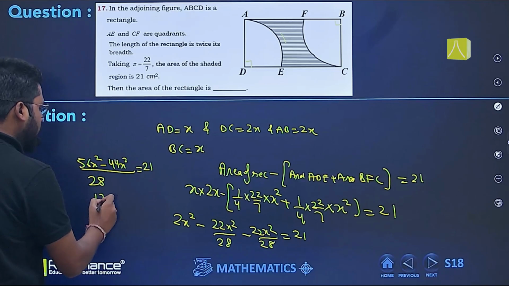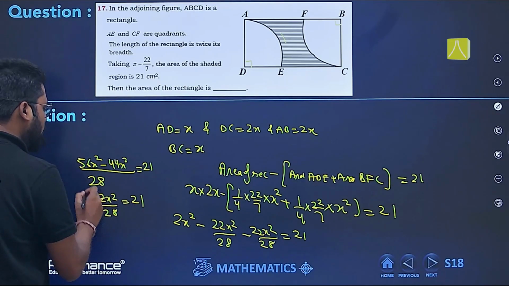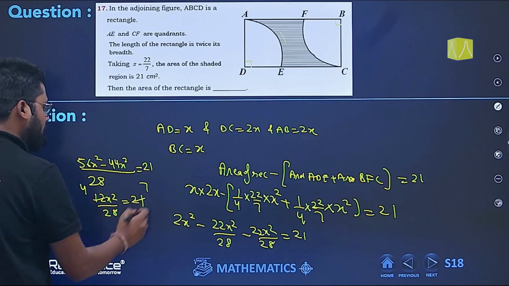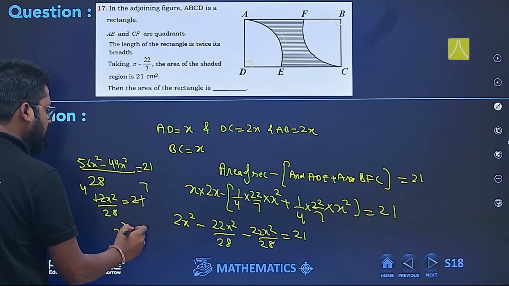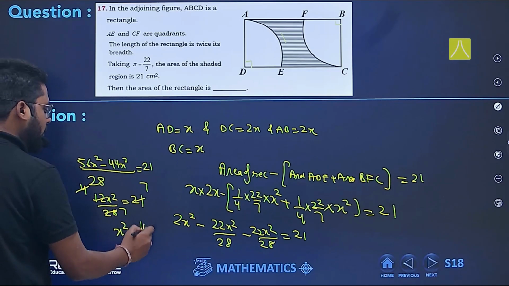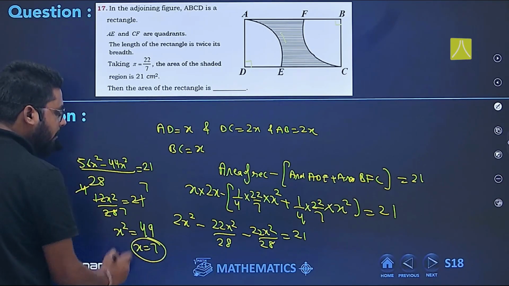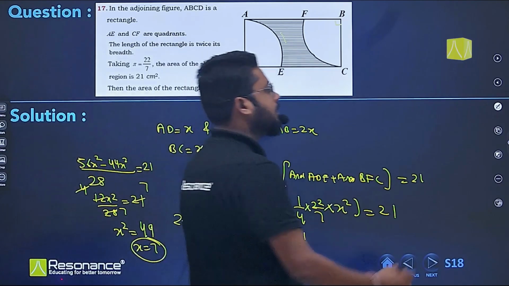So 12x square by 28 equals 21. So 3 to 4, 3 to 7, 4 to 7 again. So x square will be 49. x square is 49, this means x will be 7. So we are getting x as 7.